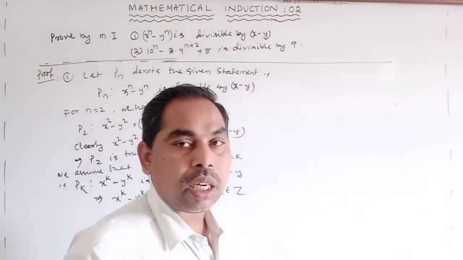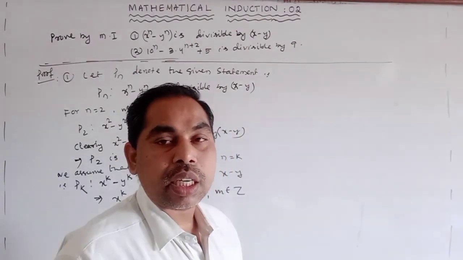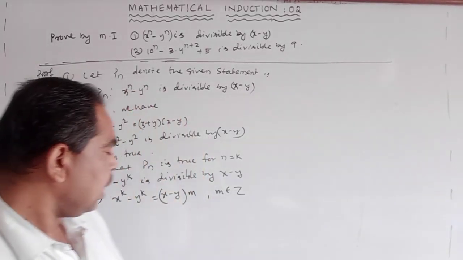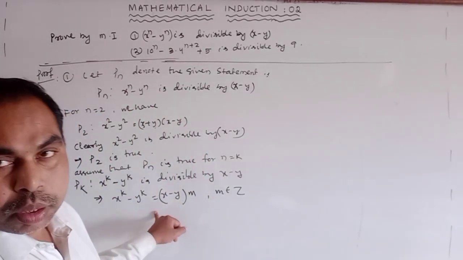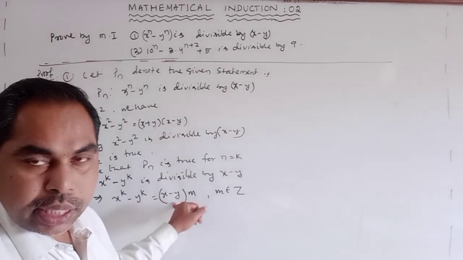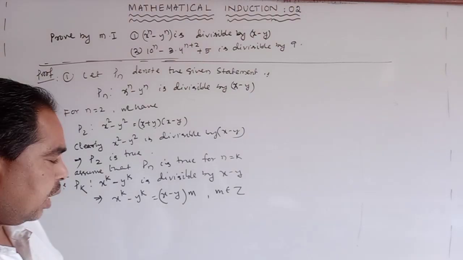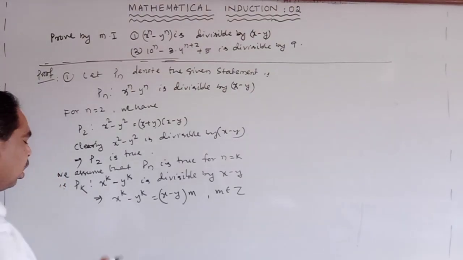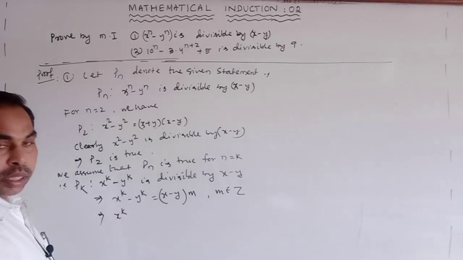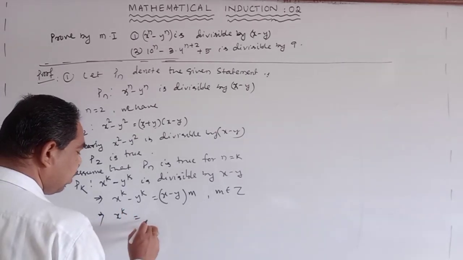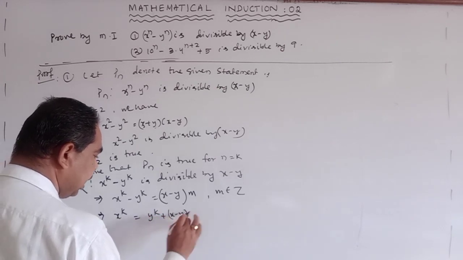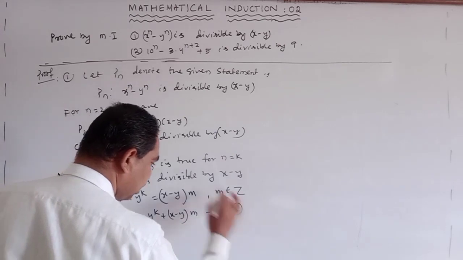Suppose n is divisible by 100, so we can write n is equal to 100 into m, where m is an integer. So similarly, x to power k minus y to power k is equal to x minus y times m, where m is an integer. So find the value of x to power k. So x to power k is equal to y to power k plus x minus y into m. This is equation 1.